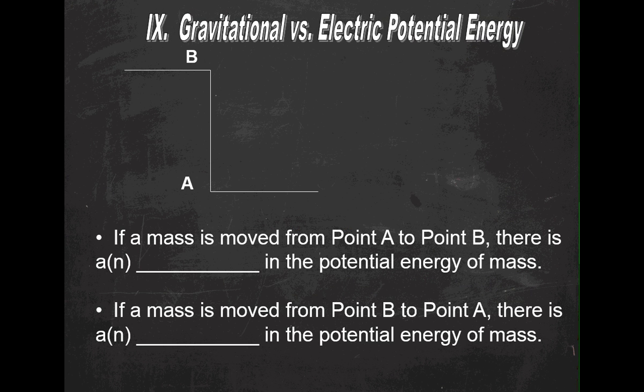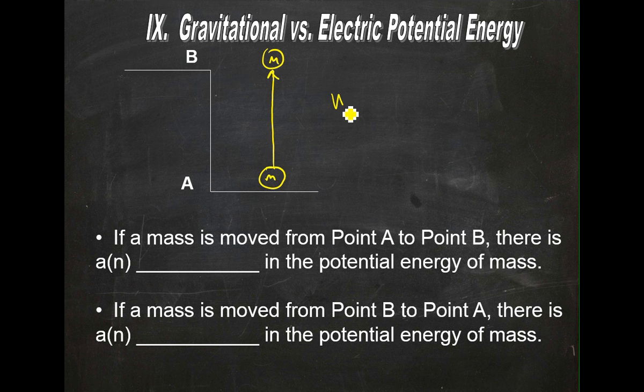So let's take a look at gravitational potential energy. If I've got these two positions here, and I've got this little cliff, and at the bottom of the cliff I'm going to call this position A, and at the top of the cliff I'm going to call that position B. So if I put a little mass right here at the bottom of it, and I pull it up to the top of the cliff, as it's being pulled up against gravity, or the gravitational field, I'm doing work on it.